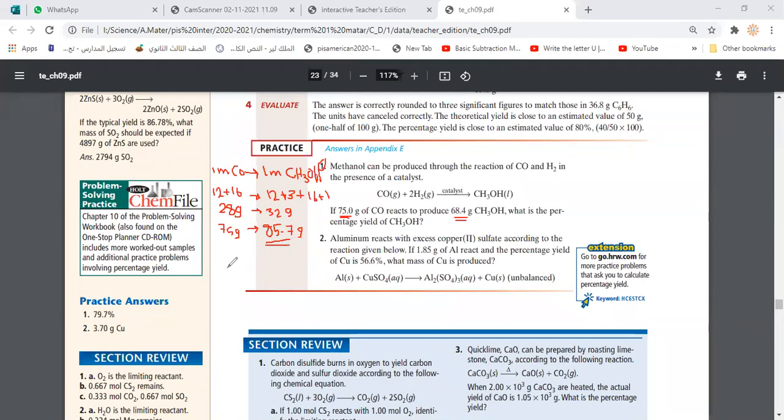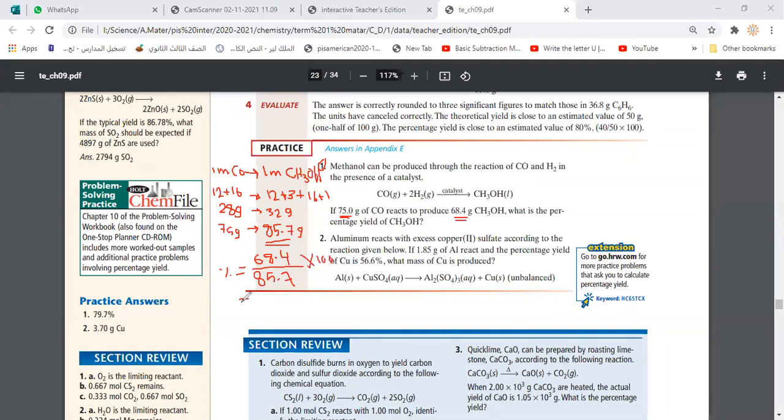So we said that for the percent yield, we divide the actual yield, what you actually get, which is 68.4, divided by the expectation, 85.7. Overall, multiply by 100, of course, to get a percent.